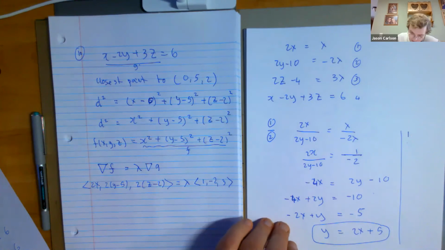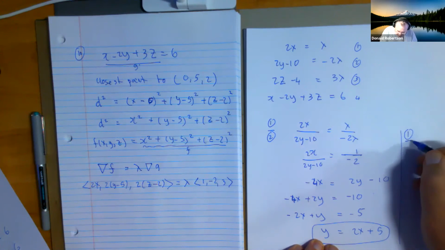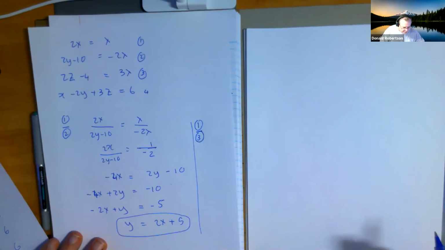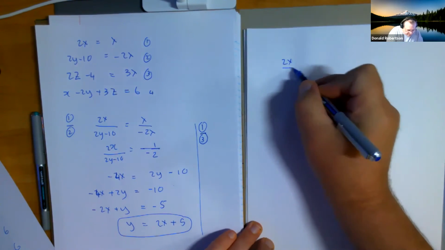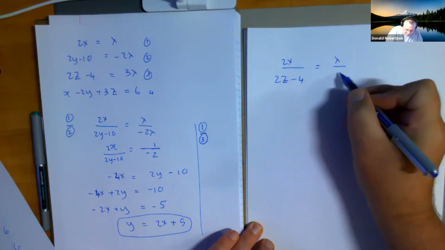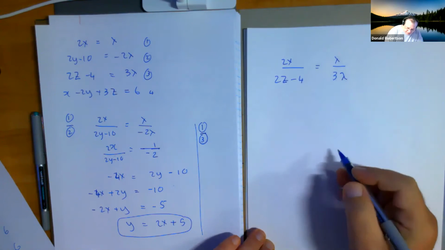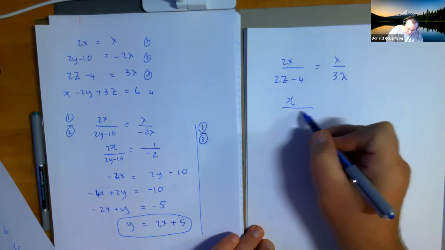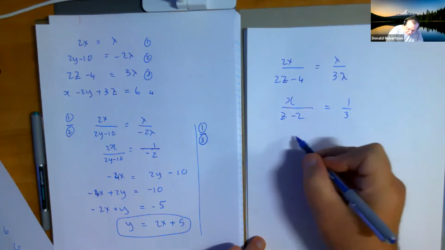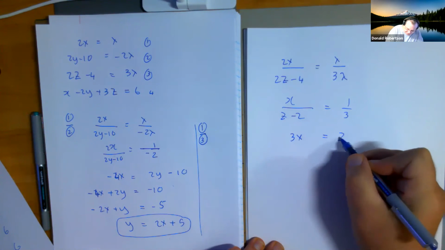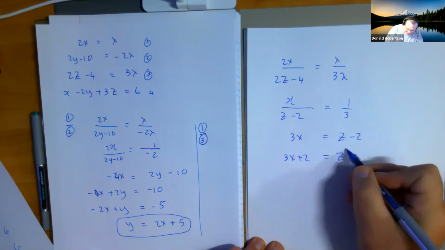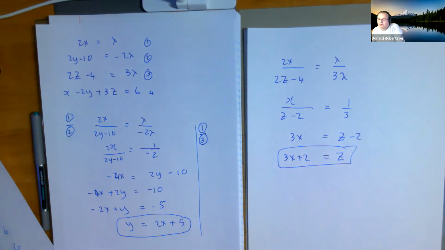Oh, okay. Right. Now, if you take equation 1 and divide it by equation 3, you get 2x over 2z take away 4 is lambda over 3 lambda. Let's cancel top and bottom by 2. Cross multiply. And won't you get z equals 3x plus 2?